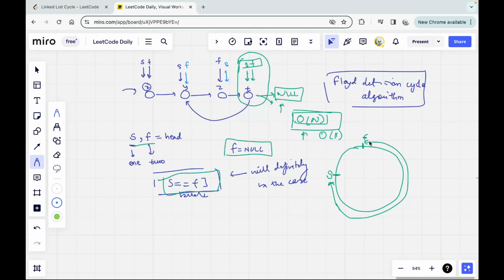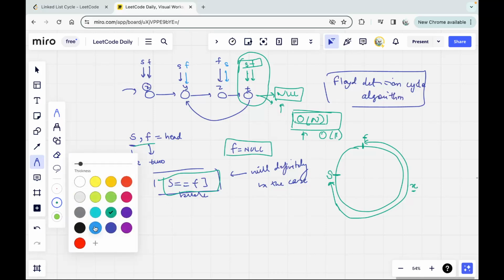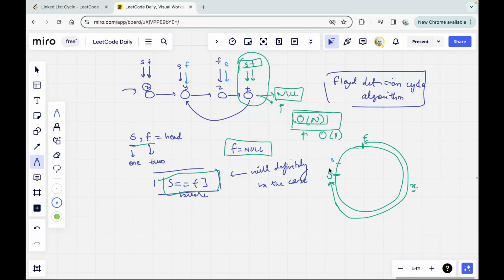The fast pointer has to catch up to this gap. Now let's say this gap is some value x. The slow pointer obviously moves by 1 unit, correct? So as the slow pointer moves, in one iteration, the slow pointer moves by 1 unit. That means the gap is increased by 1.